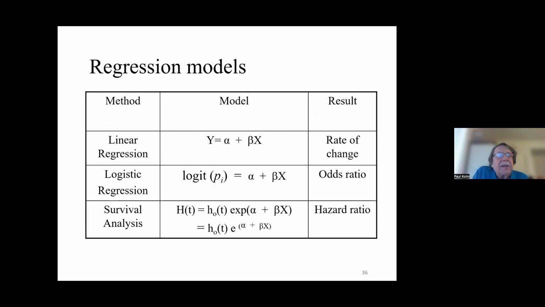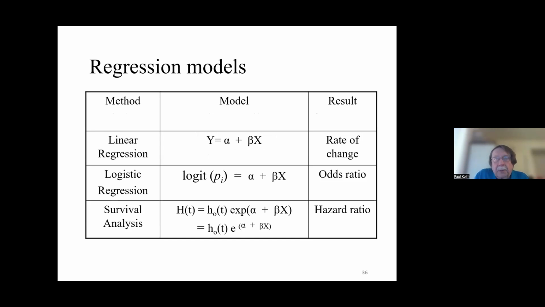This summarizes the parametric methods that we looked at, primarily linear regression, where our model was the outcome as a function of a constant plus our regression coefficient beta times our independent variable or our predictor variable.